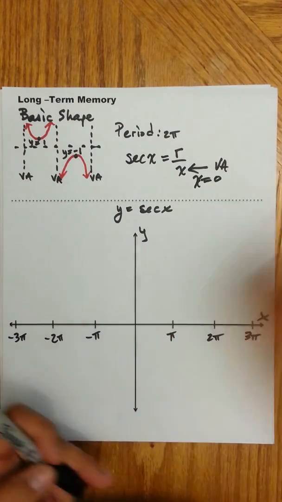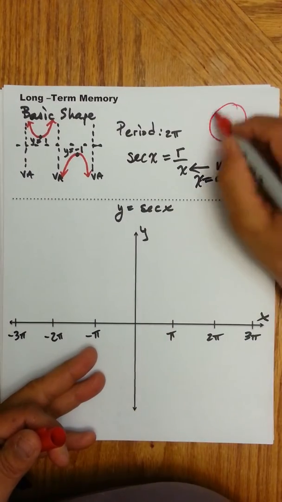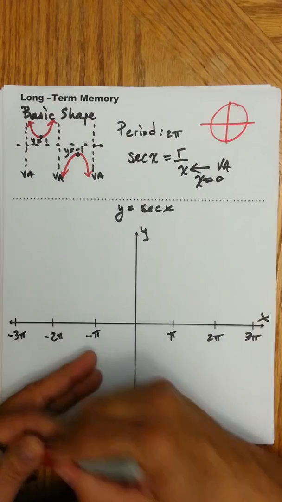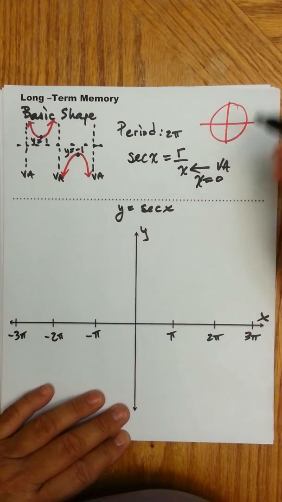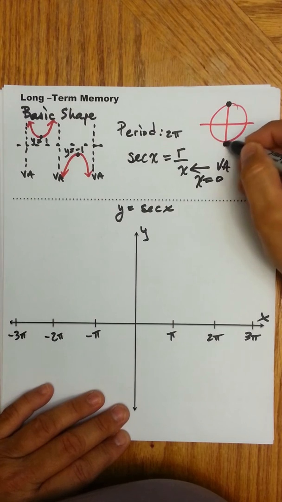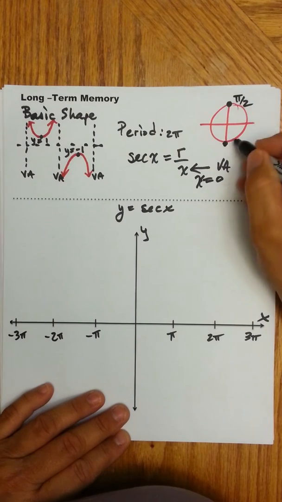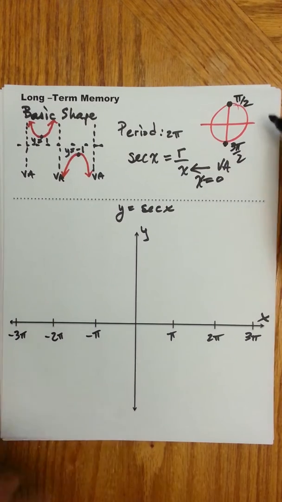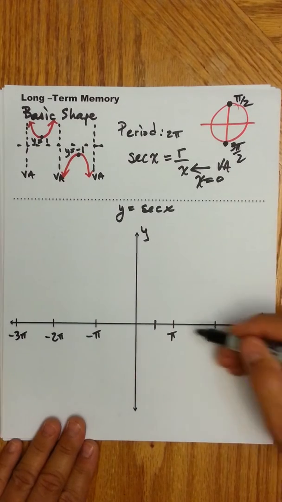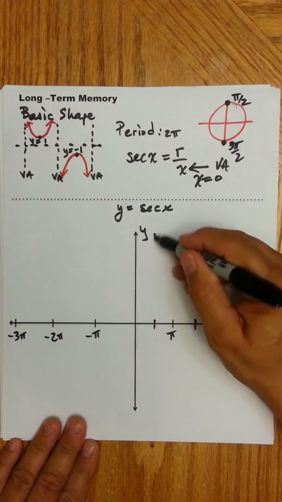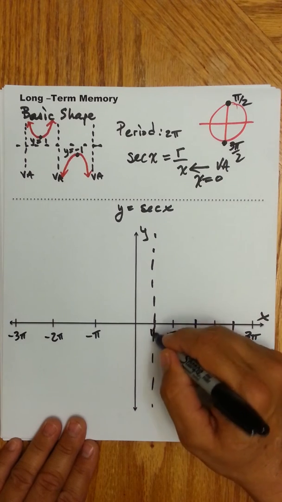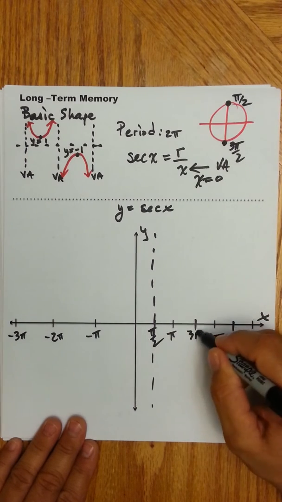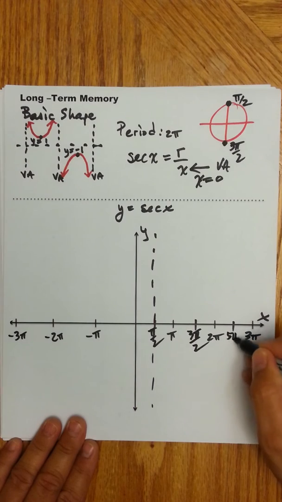Right? So again, you think, aha, here's my unit circle. Where is it that the x coordinate, moving like that, is 0? That would be here and here. So it's multiples of pi over 2. So you want to put in your asymptotes. That's pi over 2, 3 pi over 2, 5 pi over 2, right?